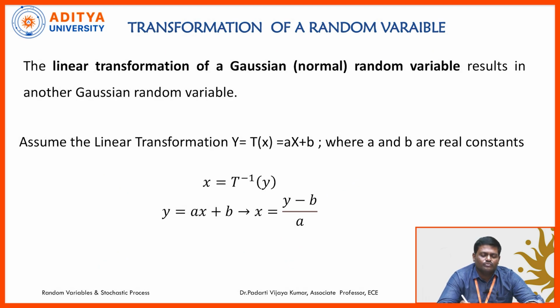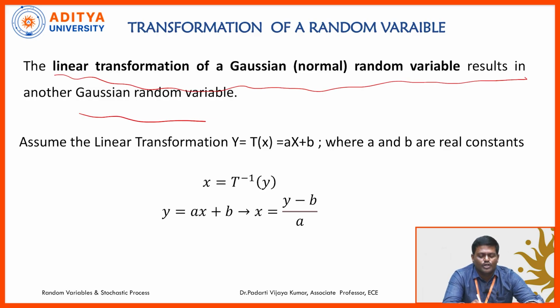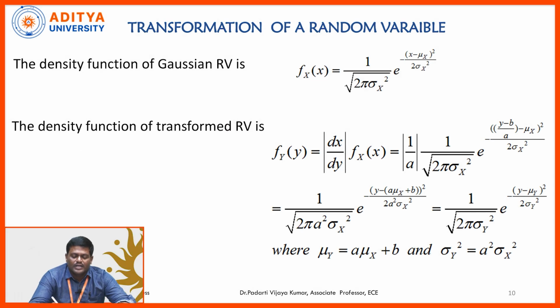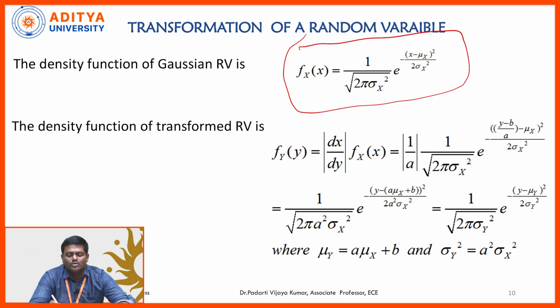So, let us check for a Gaussian random variable. We need to prove that the linear transformation of a Gaussian random variable is also going to produce another Gaussian random variable. For the linear transformation we use the same one as earlier, y is equal to ax plus b. The density function of random variable x is given as fx of x is equal to 1 by root 2 pi sigma x square, e power minus (x minus mu x) whole square by 2 sigma x square.